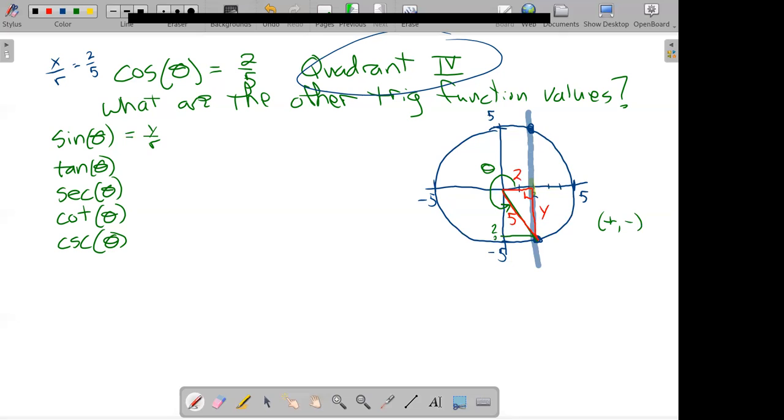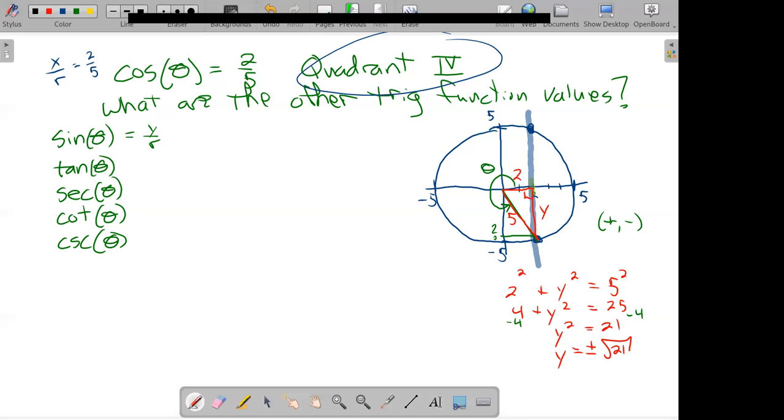Pythagorean theorem says if you take the legs 2 and y and you square them and add them up, that has to be the hypotenuse squared. So that's going to be 4 plus y squared equals 25. Subtract 4 from both sides, y squared is 21. Then we take the square root, so y is plus or minus the square root of 21.